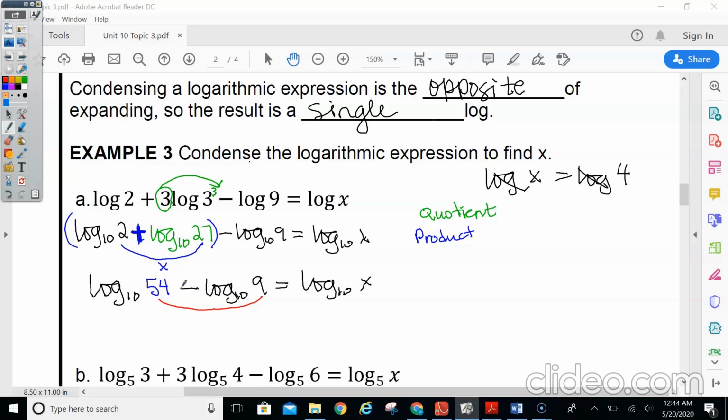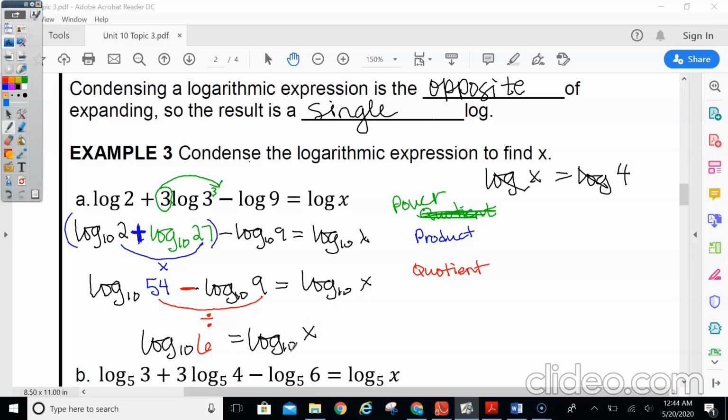Since we're subtracting, we're going to divide using the, oh sorry, this was the quotient one. This first one was actually the power rule. So here when we divide, 54 divided by 9 is 6. So we're going to get log base 10 of 6 equals log base 10 of x.